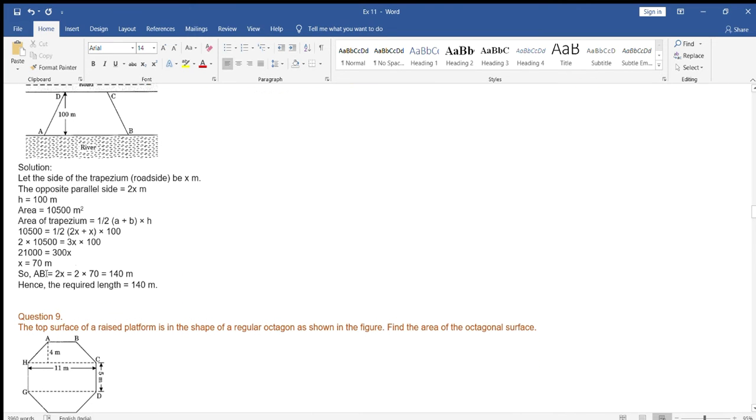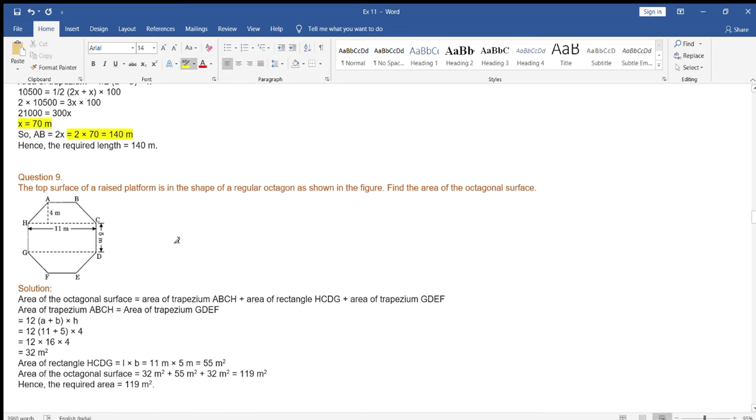Now by cross multiplication we can find the value of x, and once the value of x is known to us, we can find AB. AB is twice x, that is 140 meter. So the required length, the length of the side along the river, is 140 meter. Okay, now our question number 9.